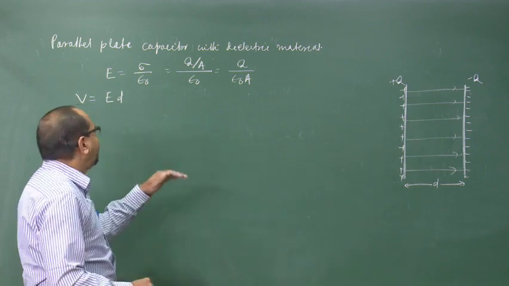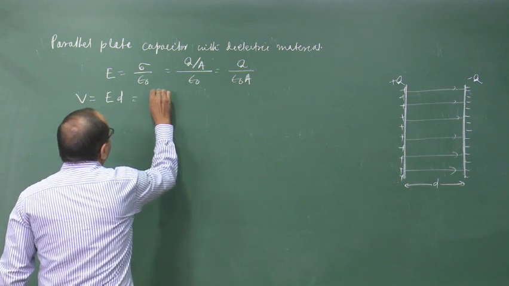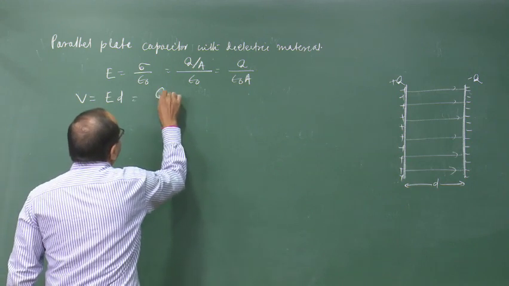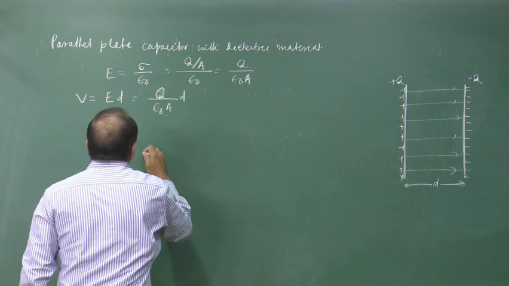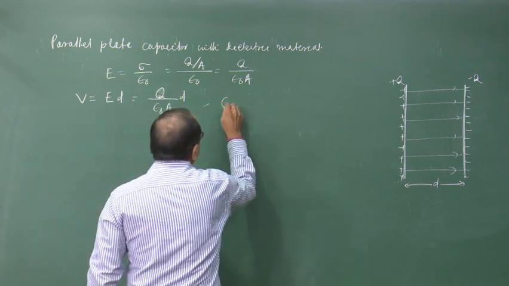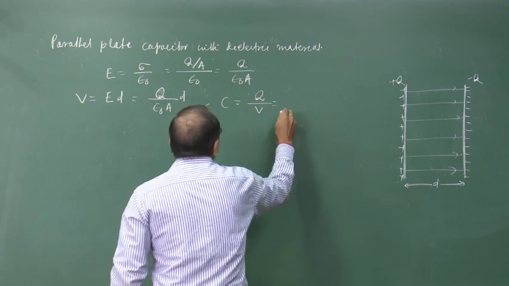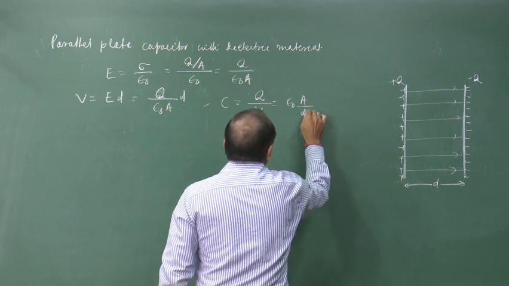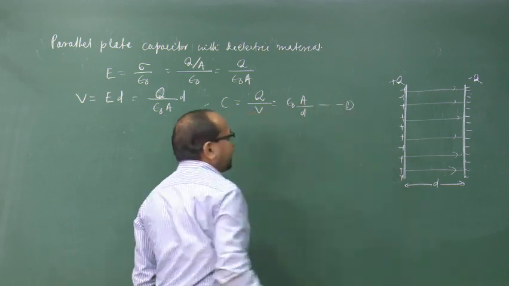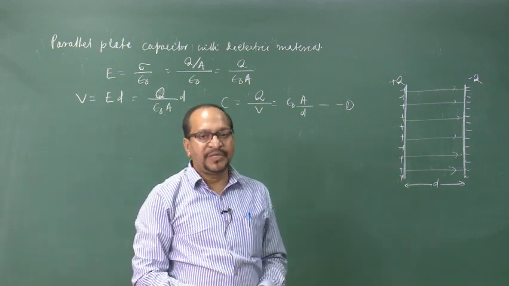In case of a uniform field, it is field into the separation, E into d, and it is equal to q by epsilon naught A into d. So, the capacitance of the capacitor C is equal to charge stored by potential difference, that is epsilon naught A by d. This is the capacitance of the parallel plate capacitor when the gap between the plates is filled with air.